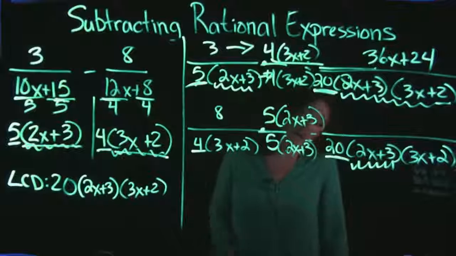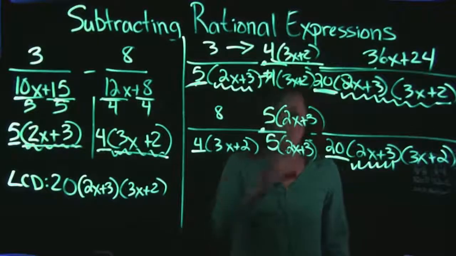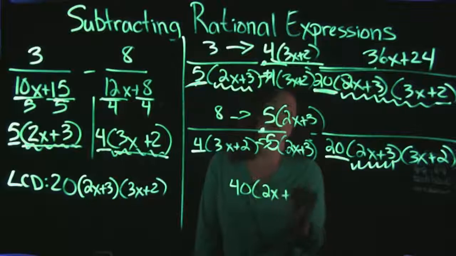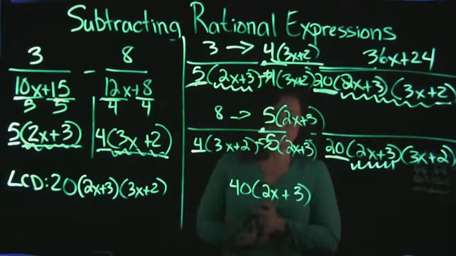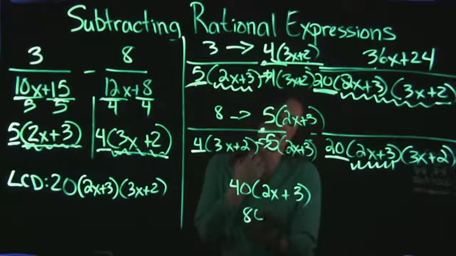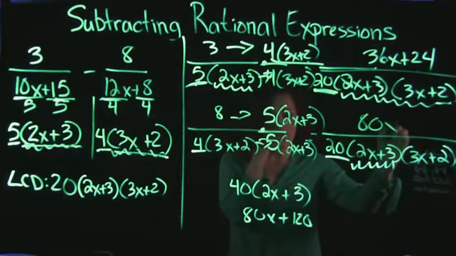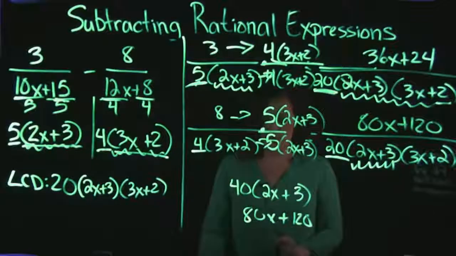Since that's what we're missing, that is going to be what we multiply our numerator and our denominator by. Multiplying that across, 8 times 5 gives us 40. Then we're going to multiply by the 2x plus 3, which is going to give us 80x plus 120. And we're going to go ahead and tack that in over here.